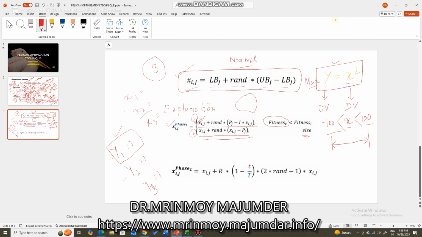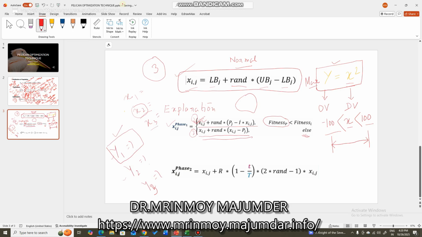And this xij is the old value of x for that specific agent for which you are comparing. That means if it is the second agent, then this is the old value of x, this one, x2. Okay, in a similar manner for y3 you will put the old value of x3 here.